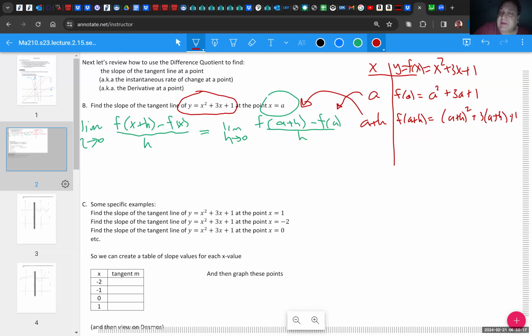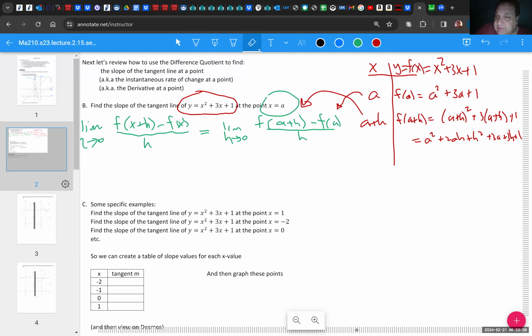I'll simplify this a little faster this time, since I've done the simplification a few times already. I have an a squared. Does anything actually combine together? It doesn't look like anything combines, so I don't even need to write another line.